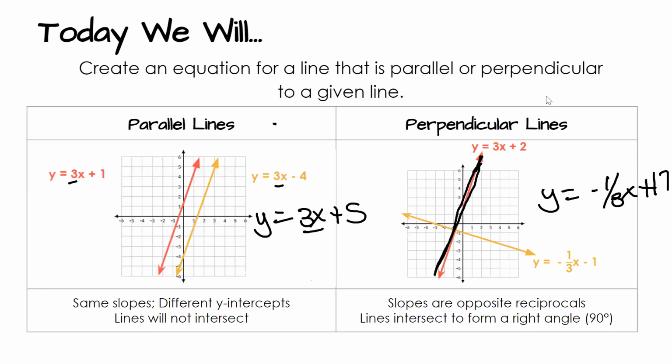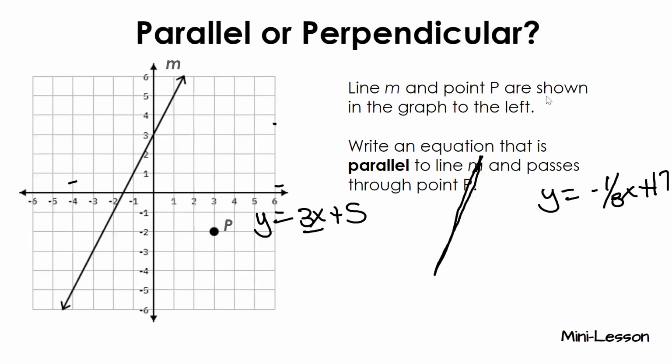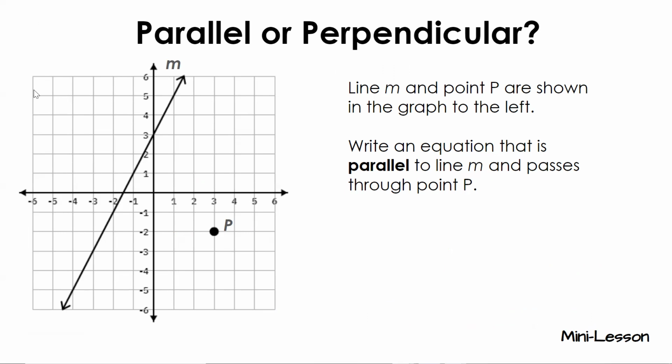All right, so line M and point P are shown in the graph to the left. Write an equation that is parallel to line M and passes through the point P. This is where your prior knowledge really comes in. We've got a couple different options.